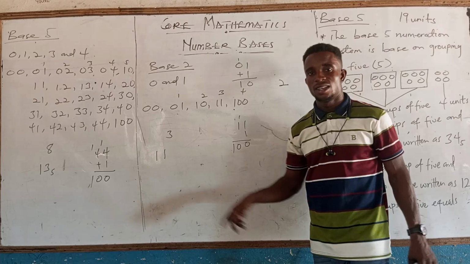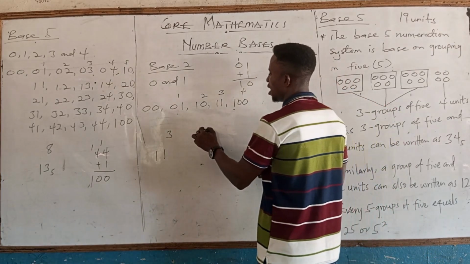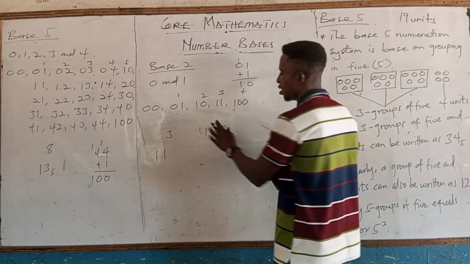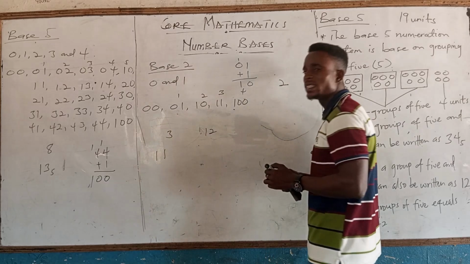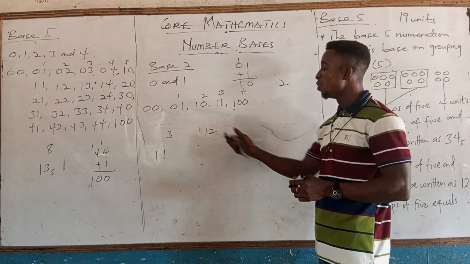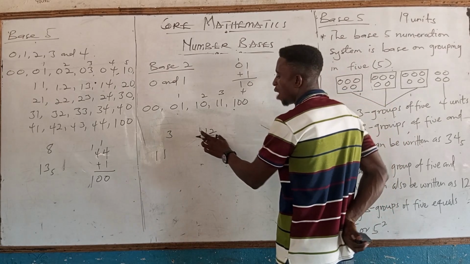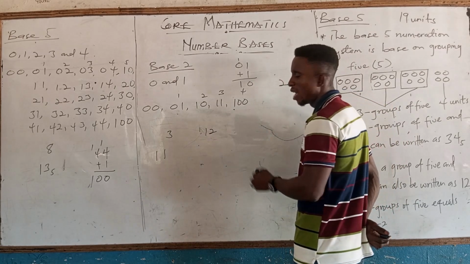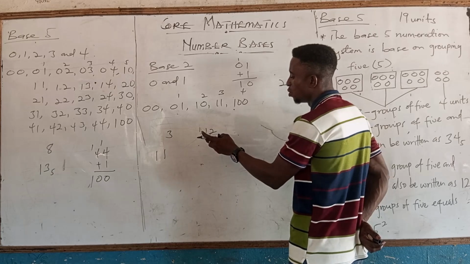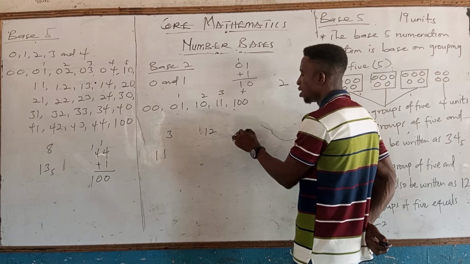That is what we are having here as 3 units. So immediately, I give you, let's say, 12 as base 10, and we want to know the number of 2s we can form from this, or we group this into 2s. How many 2s can I get from here? I can get 6, then unit 0.